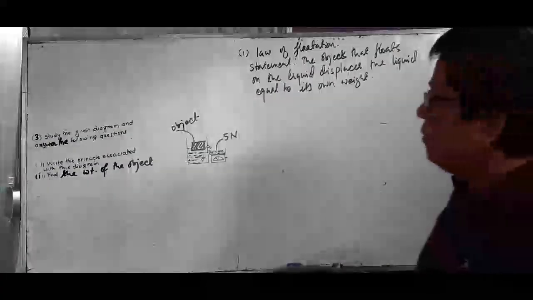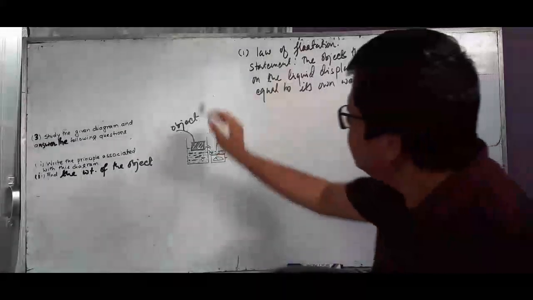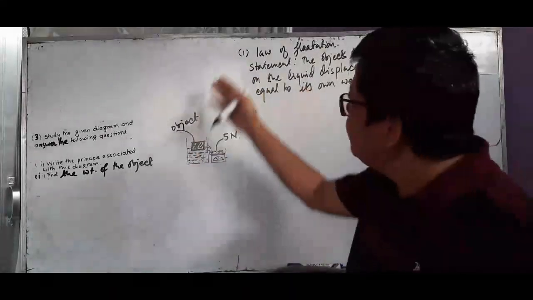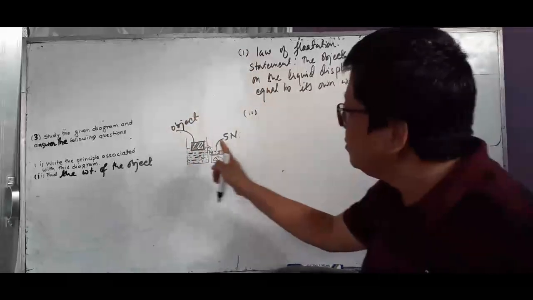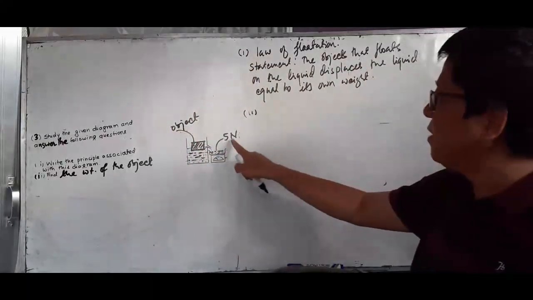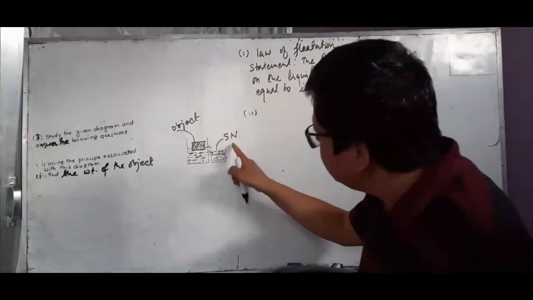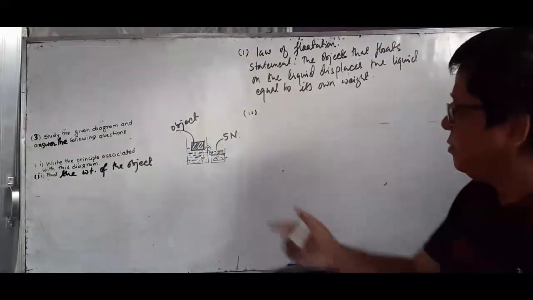So the first answer is that, and for the second answer, it is clear from the diagram that the object has displaced 5 newtons of water.